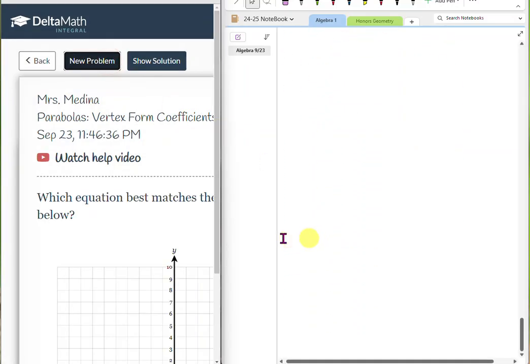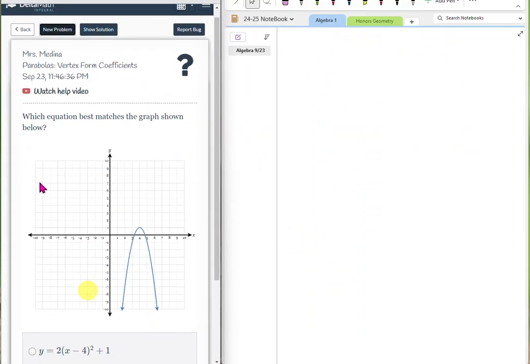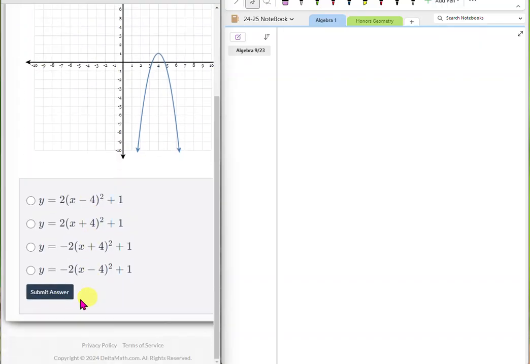Okay, new problem. Which equation matches the graph the best? So let's look at our choices. Once again, this is a +2, +2, -2, -2. So since it's opening down, it's going to be one of these two choices, because the A has to be negative. Now we need the vertex, and when we look at the vertex, we went 4 to the right and 1 up.